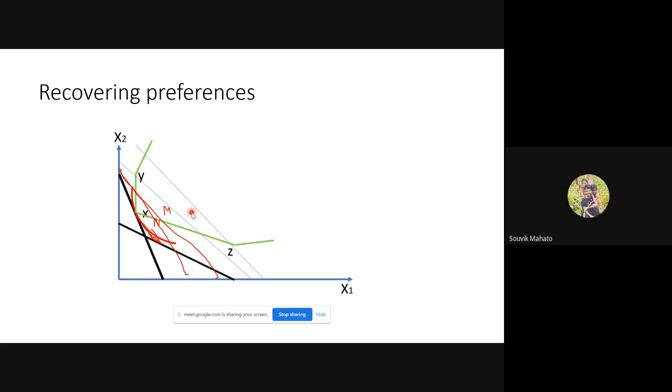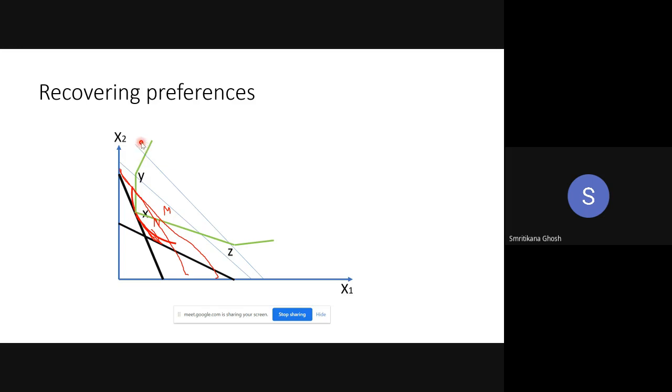So, ma'am, this will happen when we draw budget lines which are closer to the original one? No, not necessarily the original one. You may draw a line, because it's a curve. The indifference curve is a curve, so it is not a point. Ultimately, you will get that same indifference curve here as well.